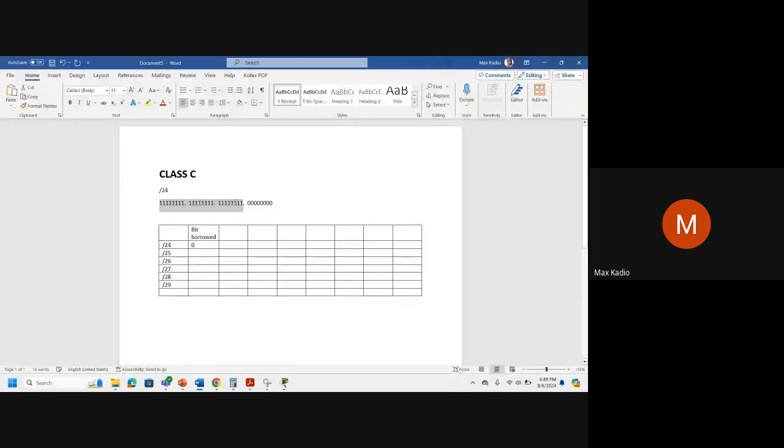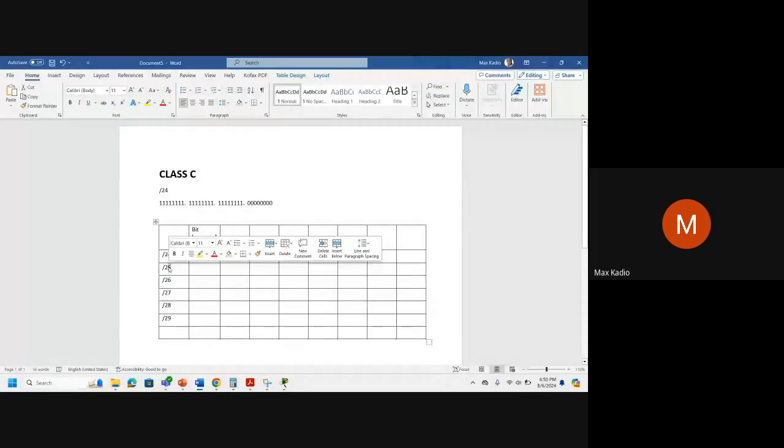If I don't borrow anything from the host, it's fine. If you see slash 25, it means I borrowed one bit from the host. If you see slash 26, it means I borrowed two. Here I borrowed three, four, five. Slash 30 means I borrowed six.